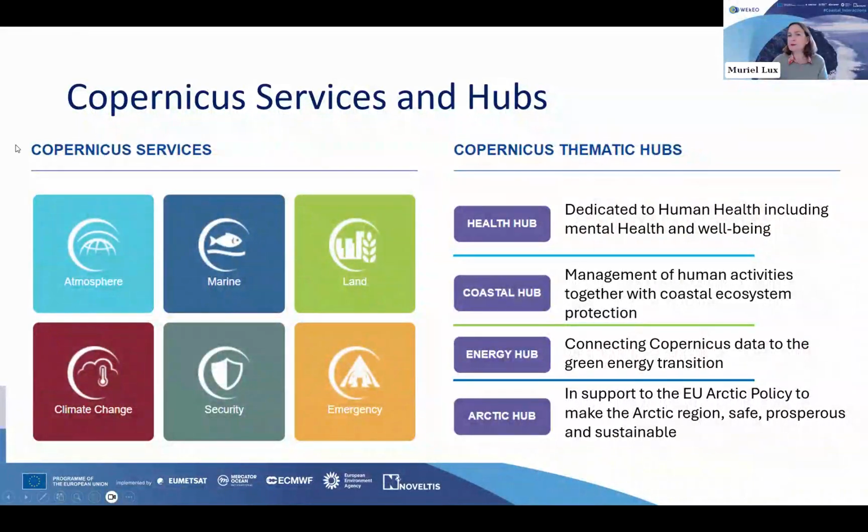There is also the Coastal Hub, the one I'm going to talk about, dedicated to the management of human activities together with coastal ecosystem protection. The Energy Hub, connecting Copernicus data to the green energy transition. And the Arctic Hub, in support of the EU Arctic policy.